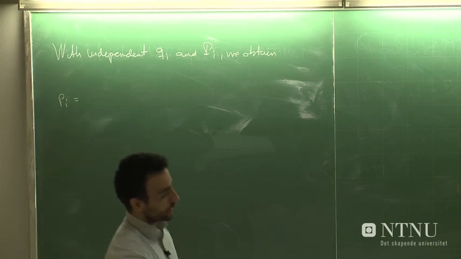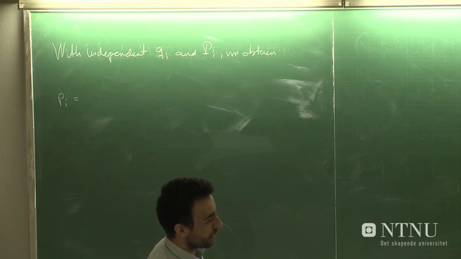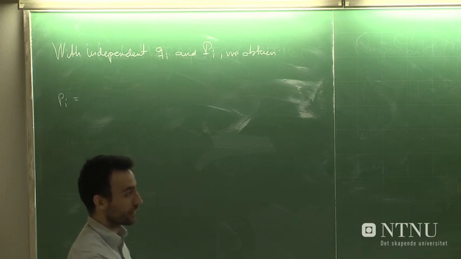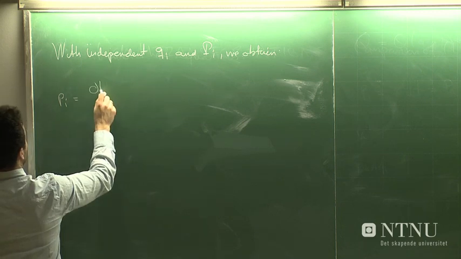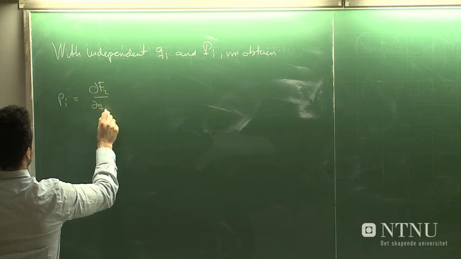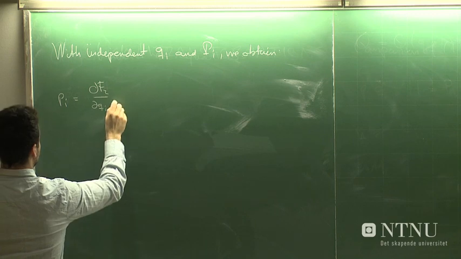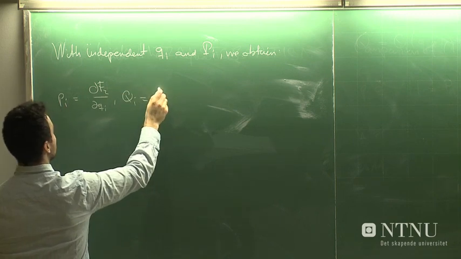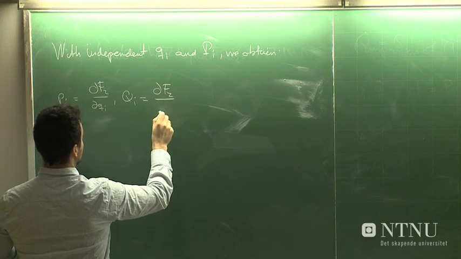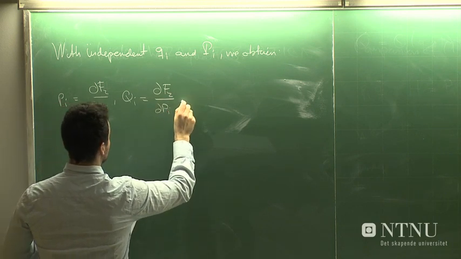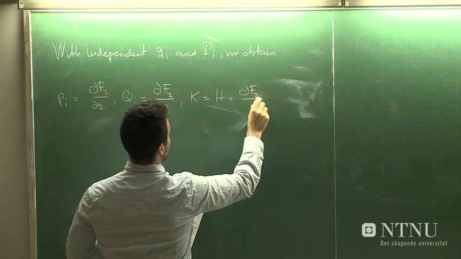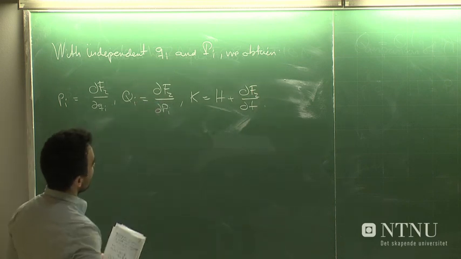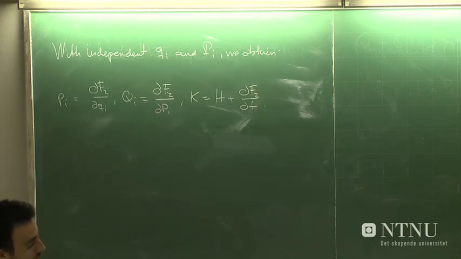So we again just try to identify how the original coordinates and the new coordinates are related to the partial derivatives of f. So the following should do the trick in order to equate the left hand and the right hand side.